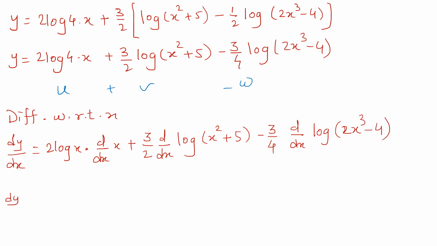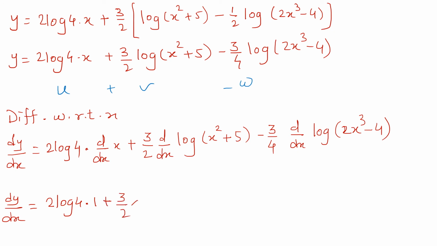Now what in the next step? This becomes dy by dx is equal to, sorry, this is not 2 log x, I made some mistake, it must be 2 log 4. Now this is 2 log 4 into derivative of x with respect to x, which is 1, plus 3 by 2.